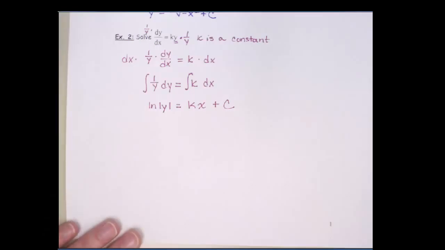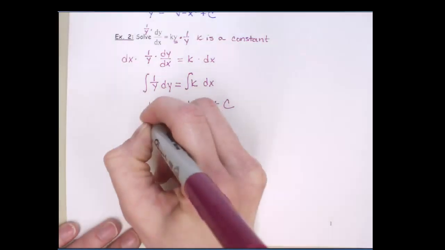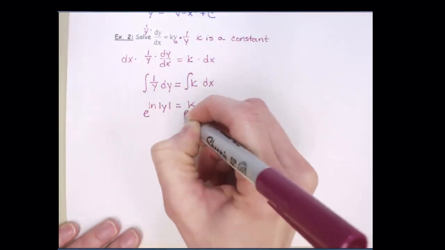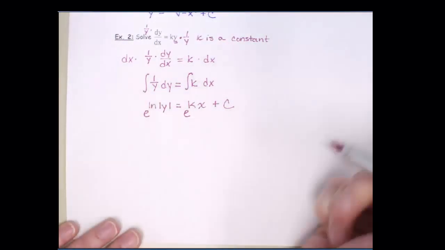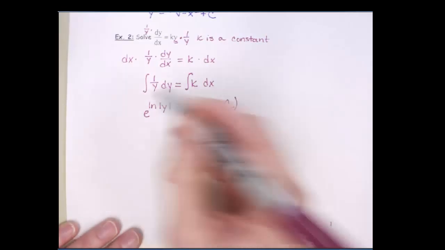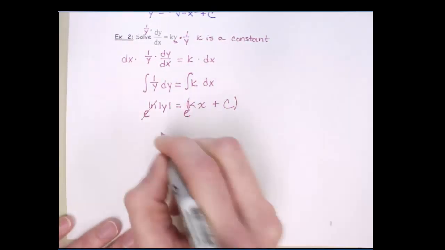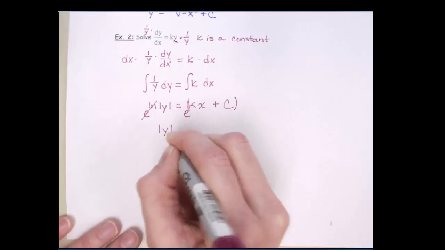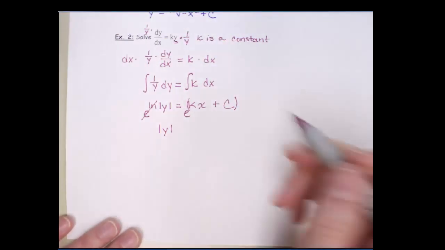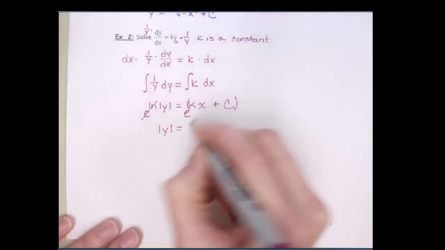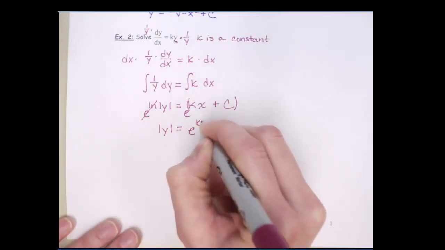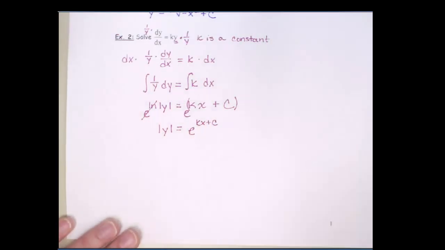And now we want to solve for y. So in order to cancel out the ln, we're going to have to raise both sides as the exponent of an e. So e to the ln y is just y. And we still need those absolute value bars. Maybe we'll be able to drop them, maybe not. On this side, we have e to the kx plus c.